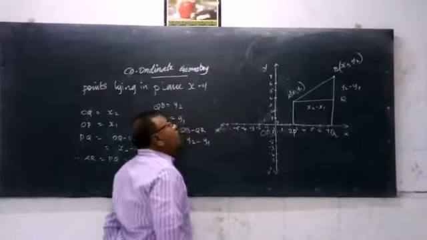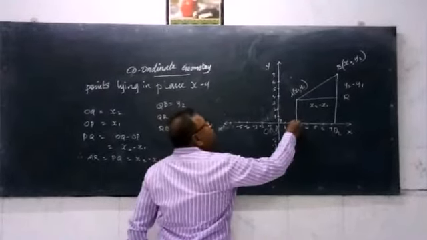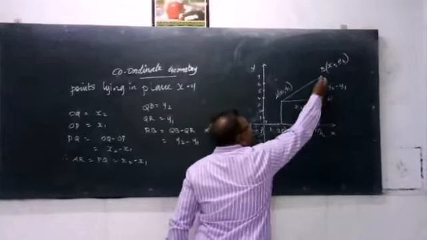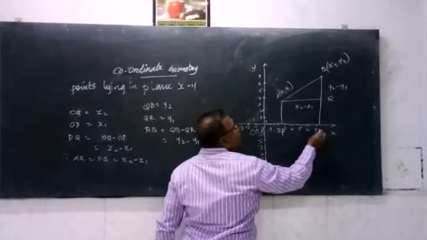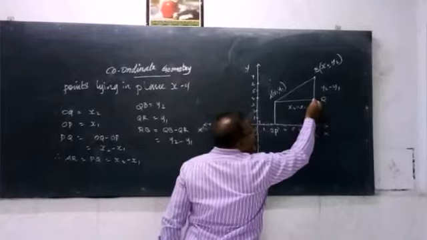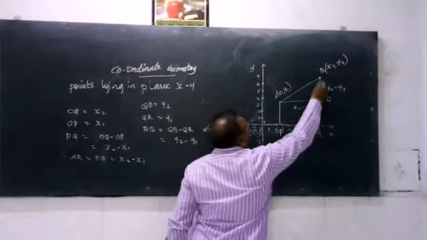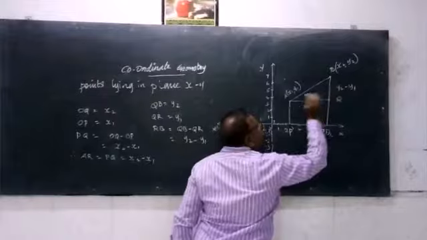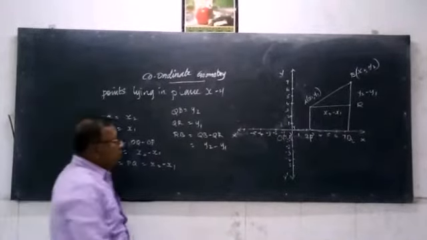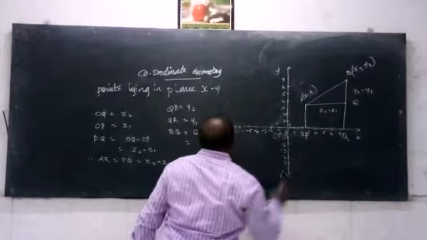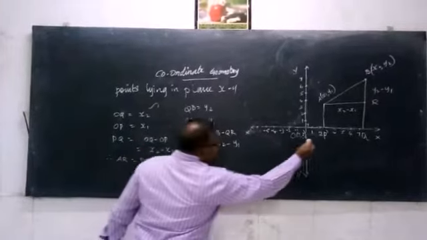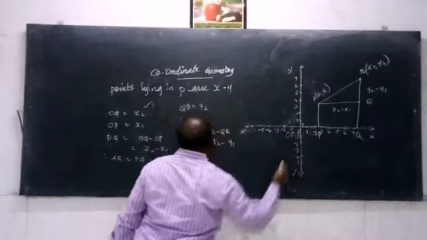Now I have dropped a perpendicular from B onto the x-axis, writing this as P, and again from B one more perpendicular onto the y-axis, writing this as Q, and again from A I have dropped a perpendicular such that the point on QB is R. Now you see here OQ, from here to here, is x2. Similarly OP is x1.